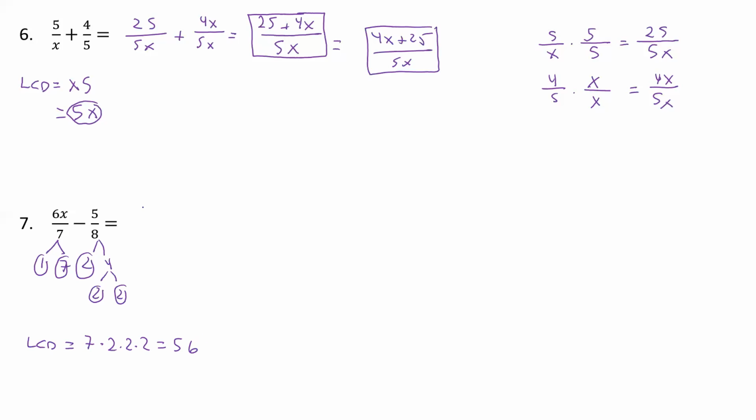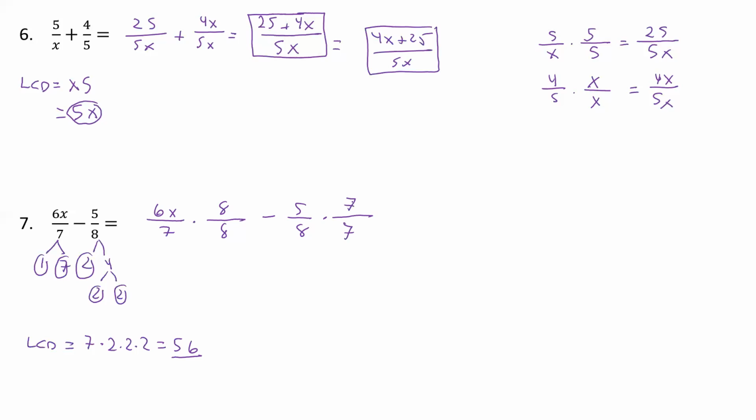So now let's go ahead and go back to what we were doing before. What do we have to multiply 7 by to get our LCD of 56? Well, we have to take 7 times 8. And whatever we take in the denominator, we also take it times the numerator. And then we have minus 5 over 8 times. Well, now 8 times what is 56? Well, guess what? That's that 7 over there.